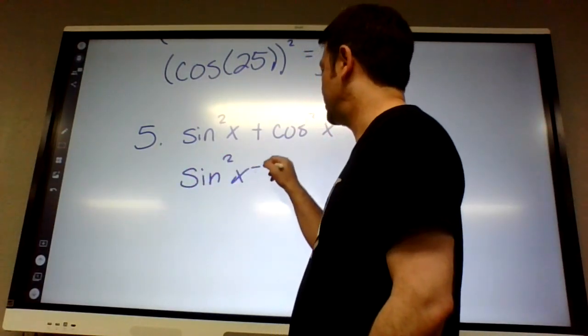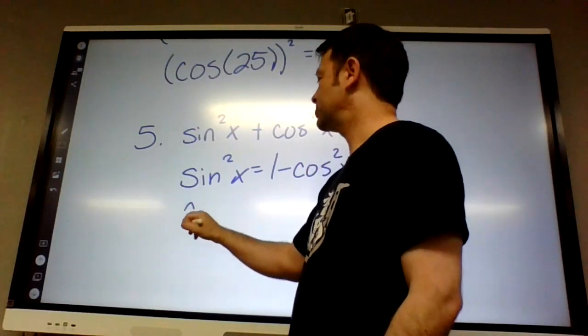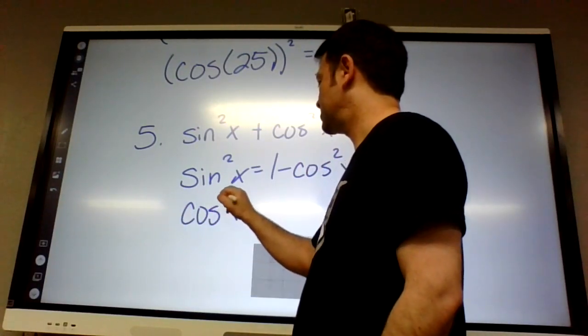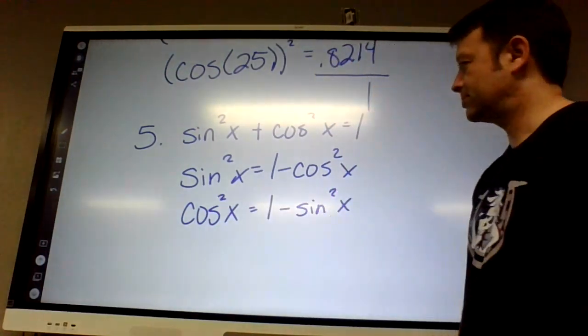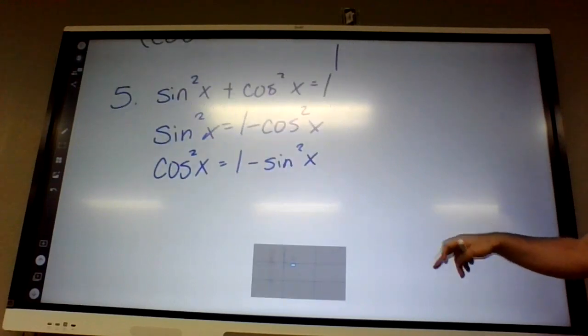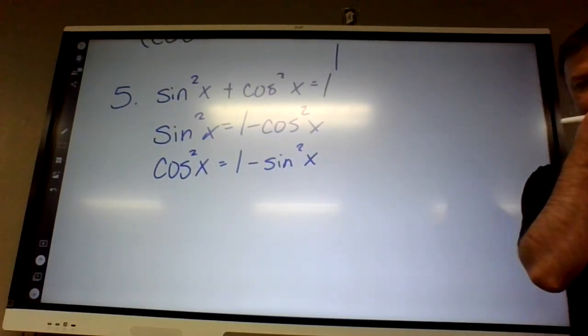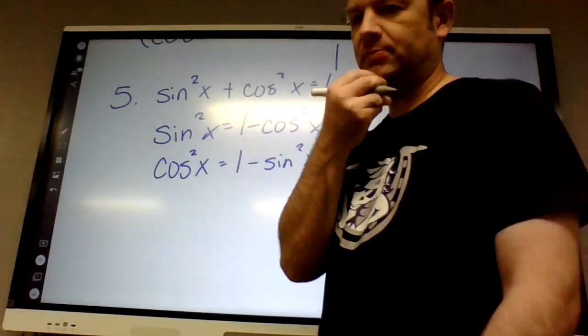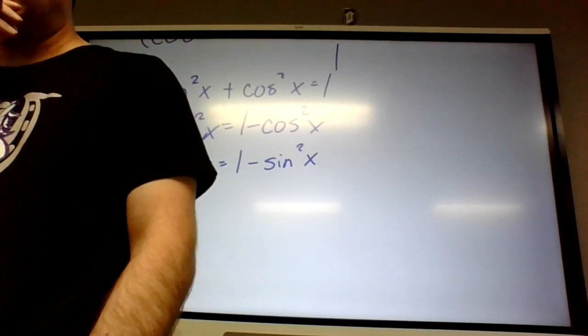Sine squared could equal 1 minus cosine squared, or switch them around. Cosine squared could equal 1 minus sine squared. Those are the 3 most common ways you would see it. See how it looks kind of like a squared plus b squared equals c squared.